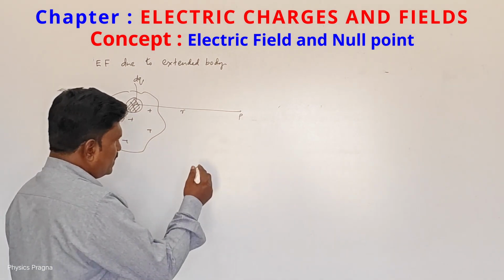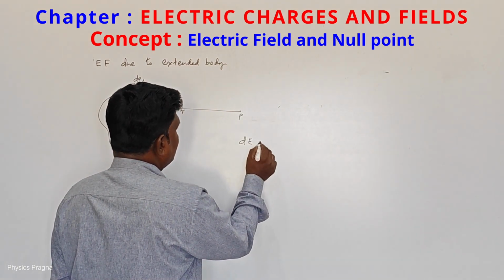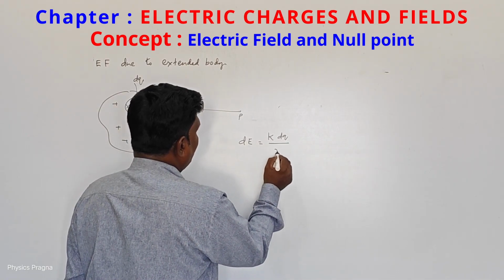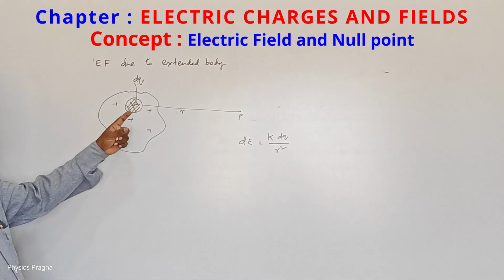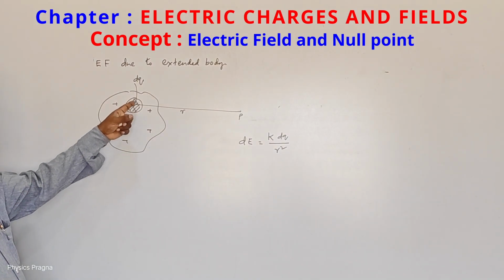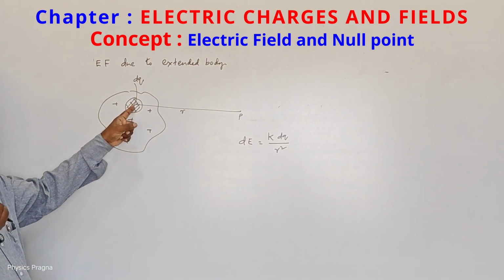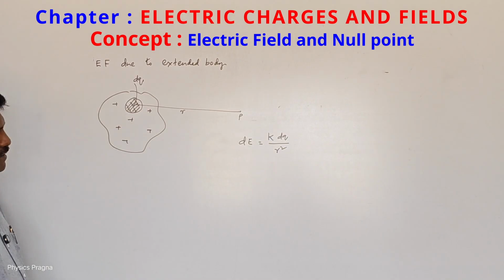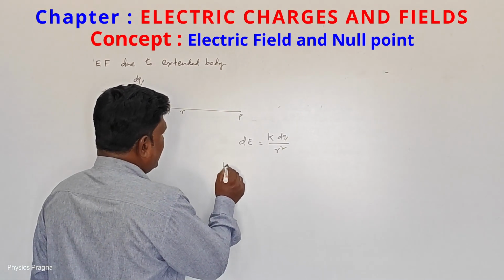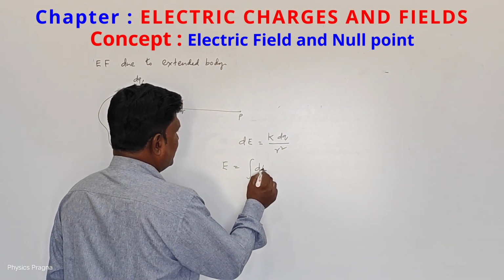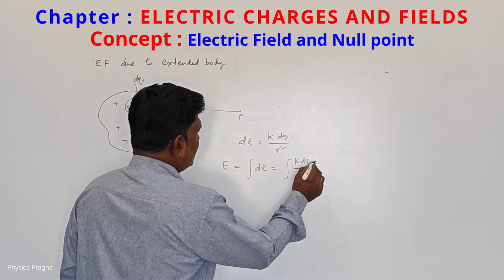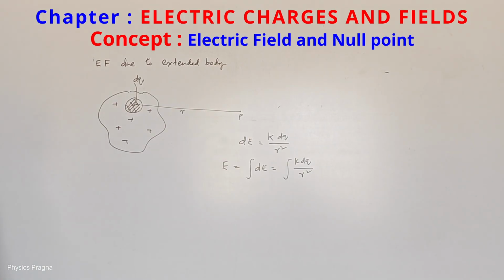That's why dE is equal to k dq by r square, because of the small charge. I have drawn a big one here just for visibility, but a very small portion of the body we have to take. So how to calculate E? By integrating dE, we will get the electric field of an extended body.